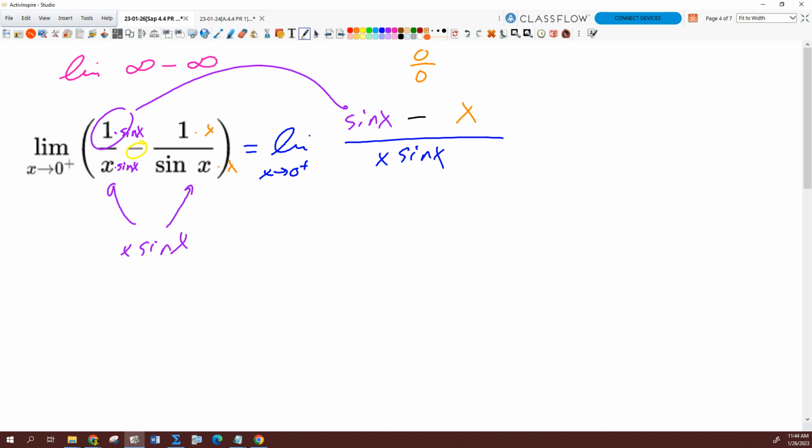Okay? If we differentiate the top, derivative of sine x is just cosine x minus derivative of x, 1. On the bottom, what am I going to get if I differentiate the bottom?